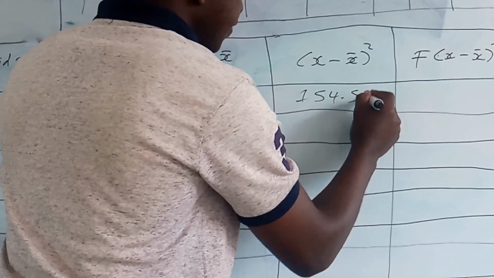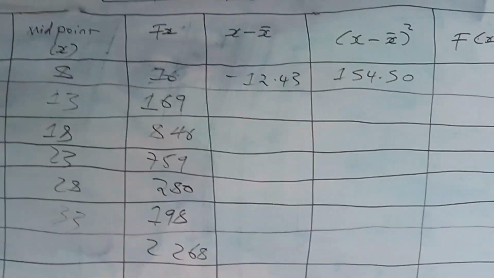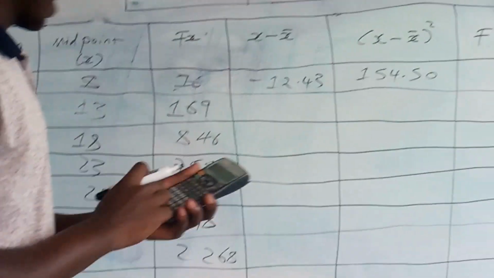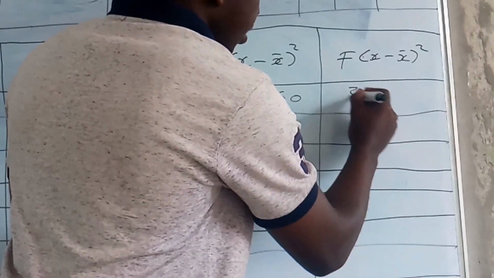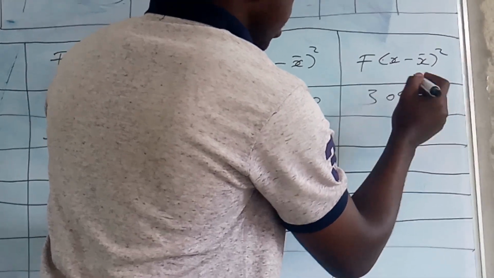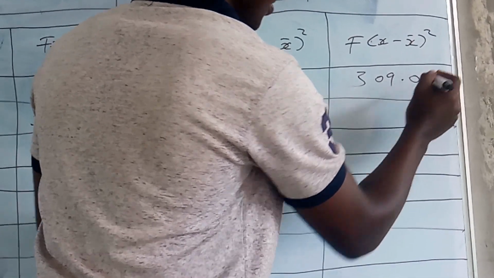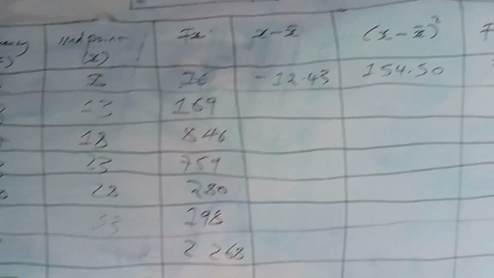Multiplied by the frequency, which is 2, I'm having 309.00.